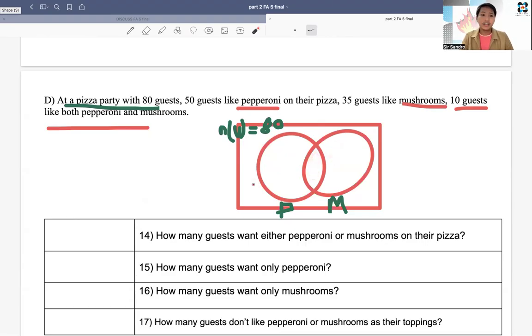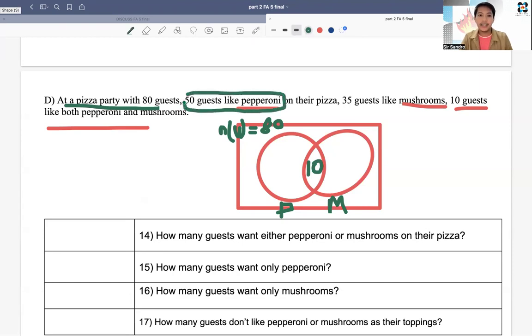All right? So let's read again. At a pizza party with 80 guests, 50 guests like pepperoni on their pizza, 35 mushrooms, and then 10. So let's fill in the middle first: this is 10 because they like both pepperoni and mushroom. Then from there, let's go back to the problem. 50 guests like pepperoni.